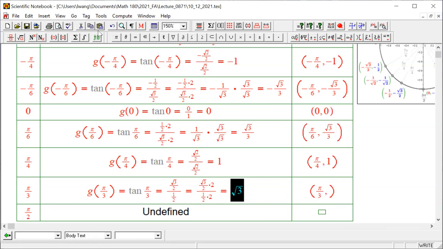And over here it's root 3. We've done something similar before, but it is very important that you understand this and do this again, because you're going to need this in Cal.